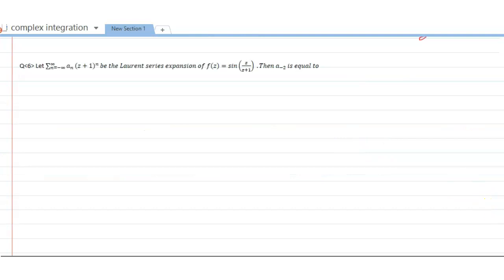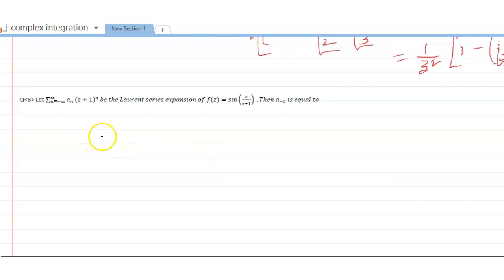Another question is question 6: summation of a_n into z plus 1 whole to the power n, f(z) is equal to sine of 1 by z plus 1 divided by z plus 1. How can I find this?